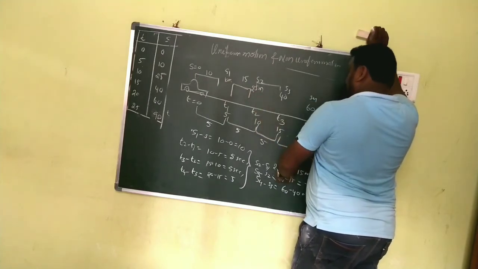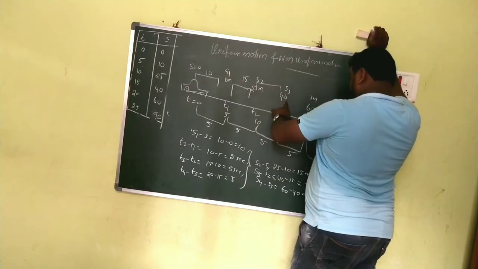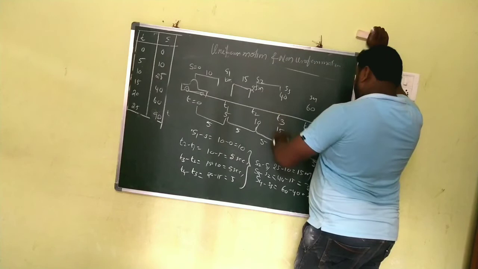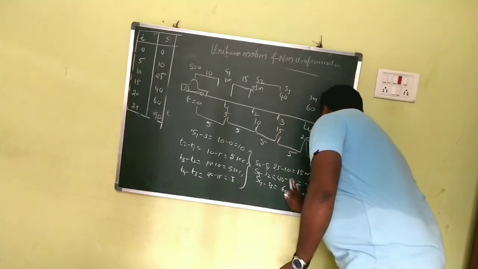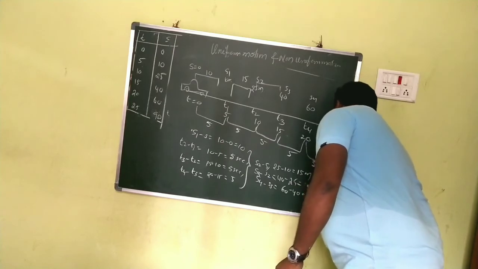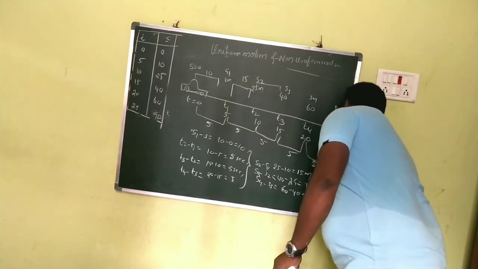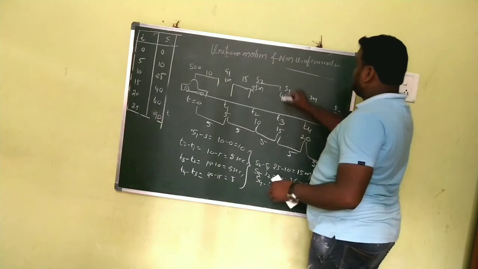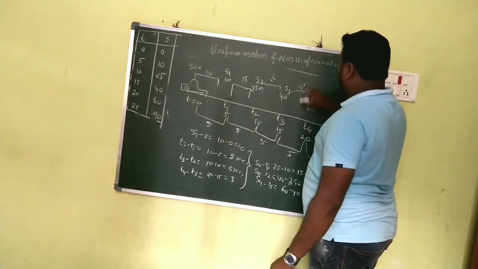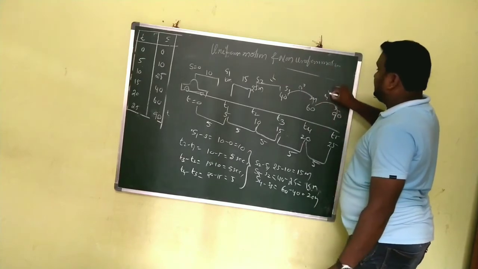And now S3 is what? 40. 40 minus 25. Sorry children, it is 40 minus 25, then what do you get? Here 15. And next one, 60 minus 40, 20, and 90 minus 60, 30.